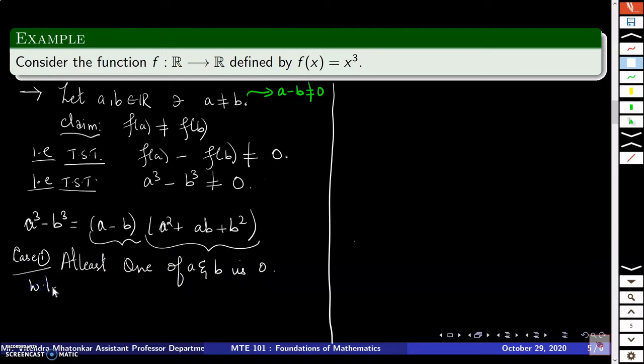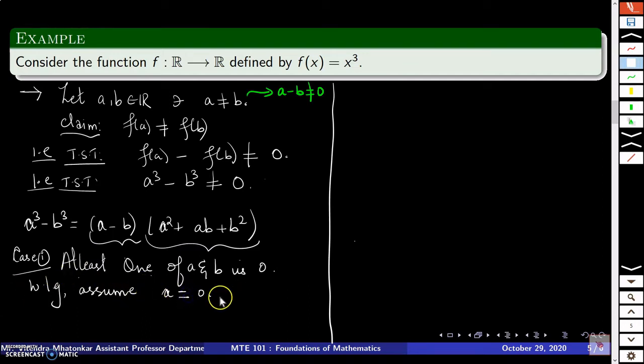So without loss of generality, sorry, I have to assume that one of them is 0. I'll just erase this. I'll assume that a is equal to 0.